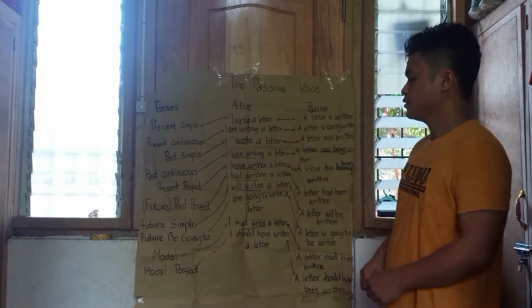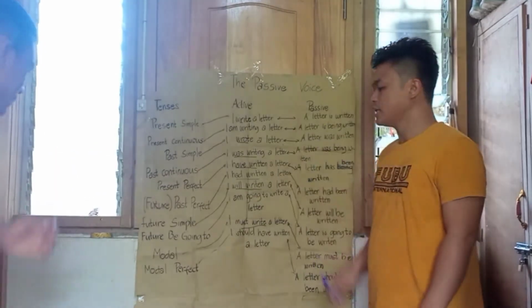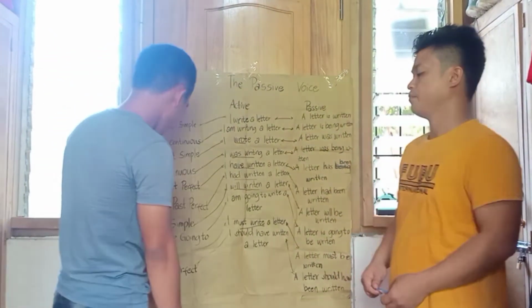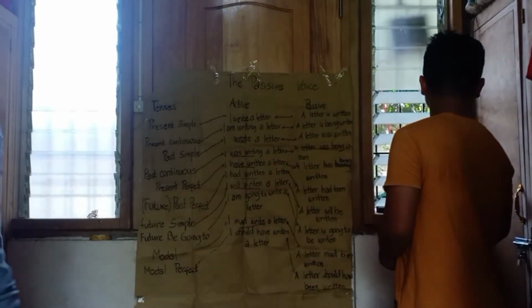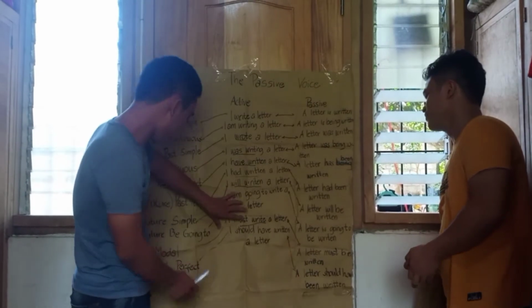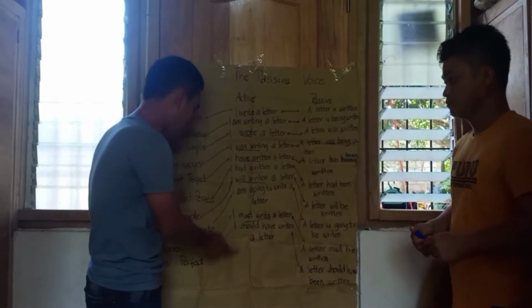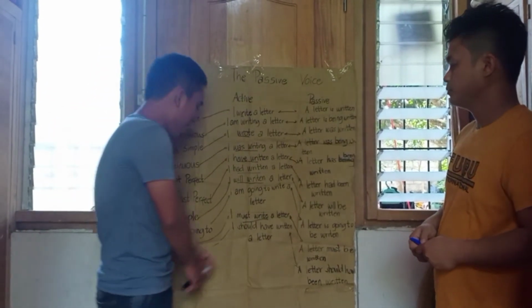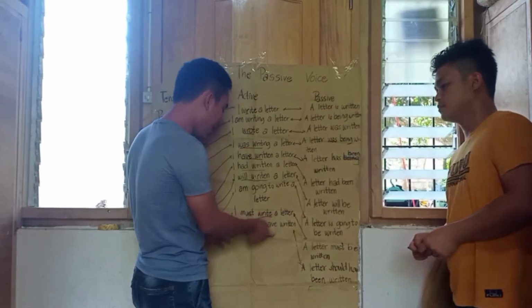Next, the last part of our tenses is the modal perfect. An example of the modal perfect is "I should have written a letter."